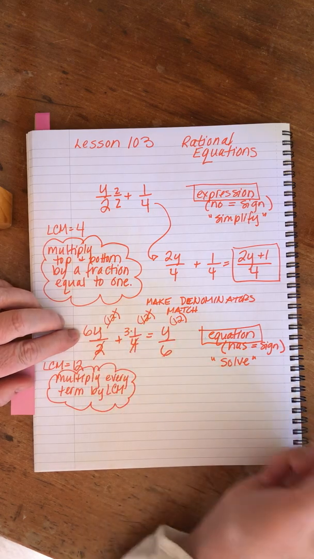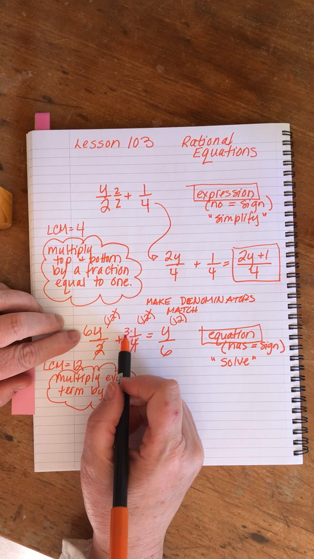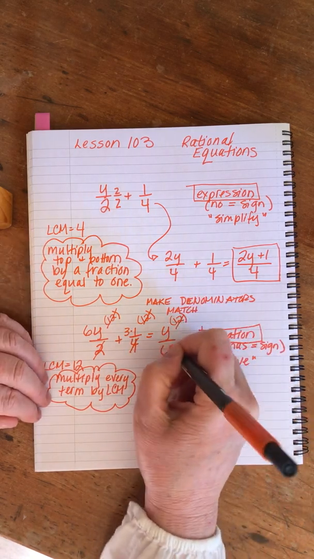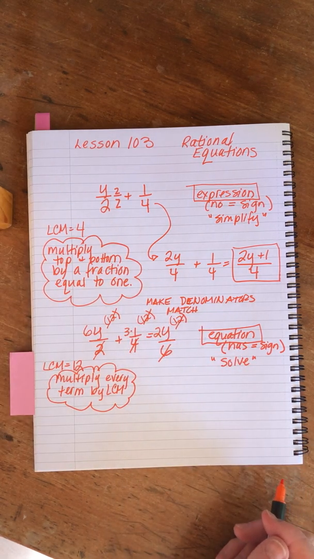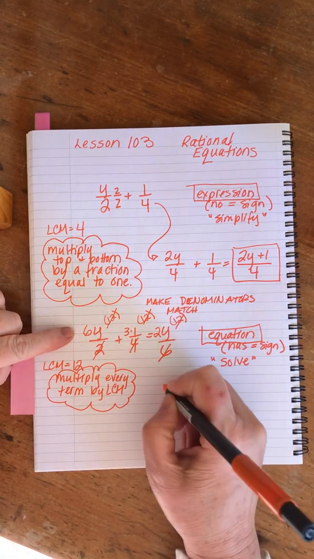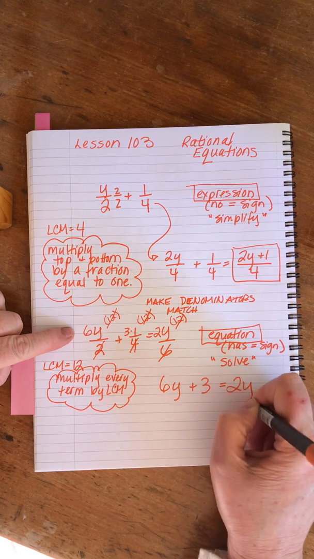And remember, we're multiplying. So in this case, I could just write the 6 in front of it. This time I'll see I have to multiply 3 times 1. That's easy. 12 and 6, that cancels, and it's 2. And again, I can just write that in front. It'll work out fine. So now look what happens. Once we make these changes, I get 6y plus 3 equals 2y.